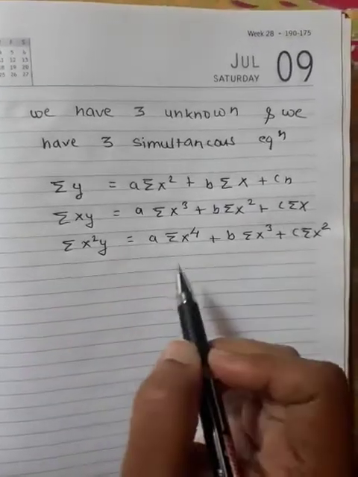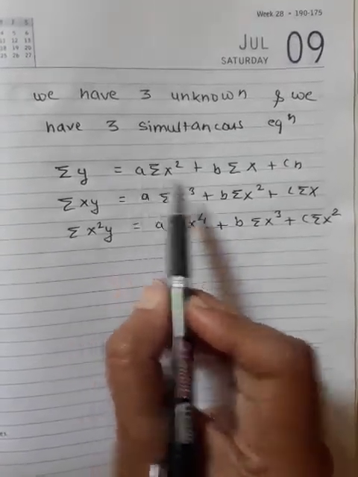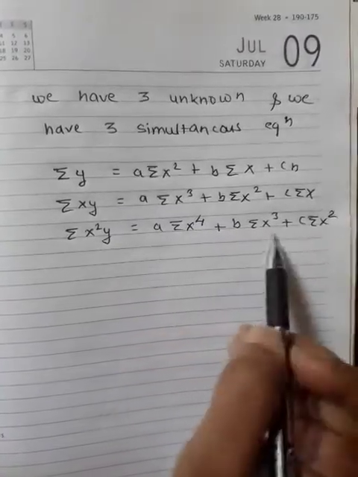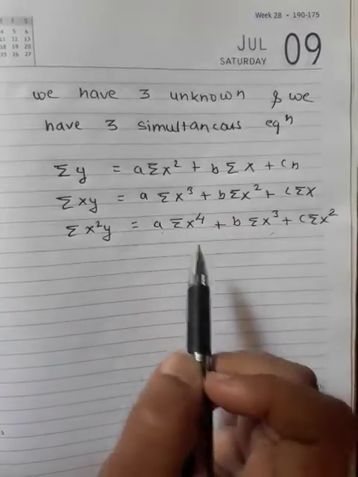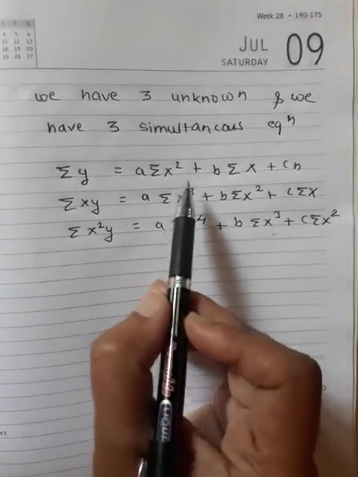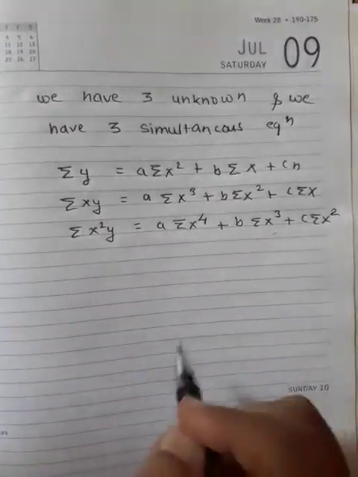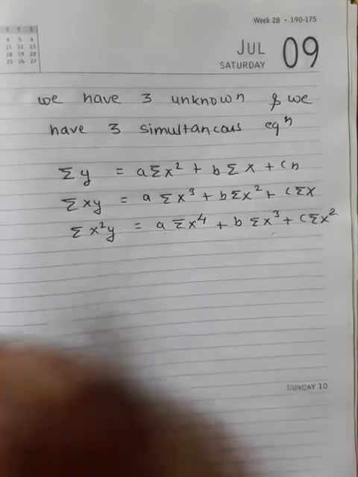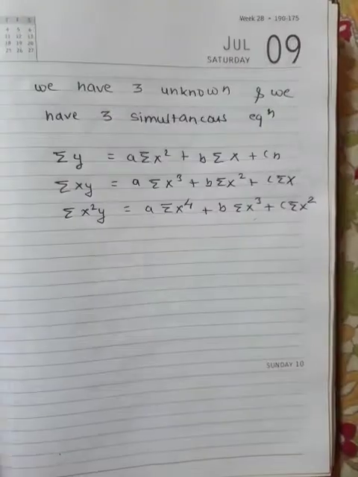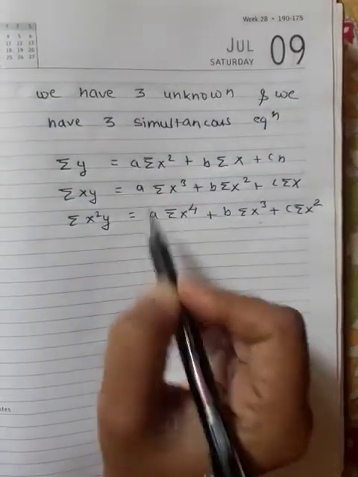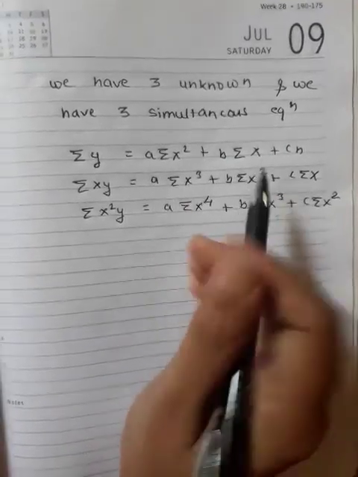If you carefully observe these three equations, you will find the values of the three unknowns a, b, c. From these equations you can calculate the values of a, b and c, and the summations of x², x, xy will be given to you from the table. Whenever a problem comes on the quadratic equation or polynomial regression, you have to use these three simultaneous equations to calculate the three unknowns.